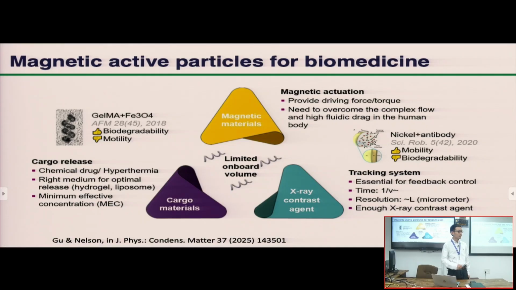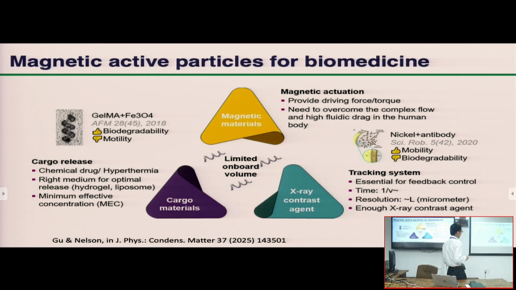There are a lot of things out there that we don't understand. And here's another interesting thing in the context of using active particles for biomedical applications. Often in this case, we want some sort of response to external stimuli. Often we want to use magnetic materials, that's the easiest to do. The other thing, say for delivery, is we need cargo materials.